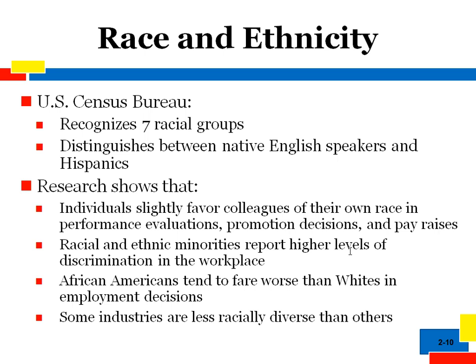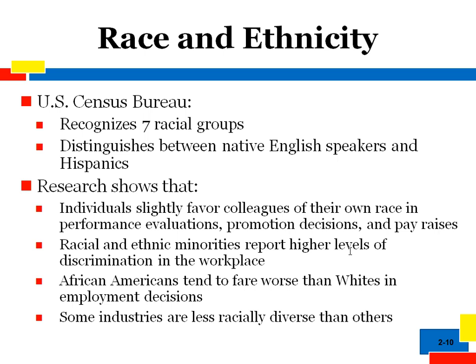Okay, so let's think about race and ethnicity. The U.S. Census Bureau recognizes several racial groups: American Indian and Alaska Native, Asian, Black or African American, Native Hawaiian or other Pacific Islander, white, and there could be other races in there.